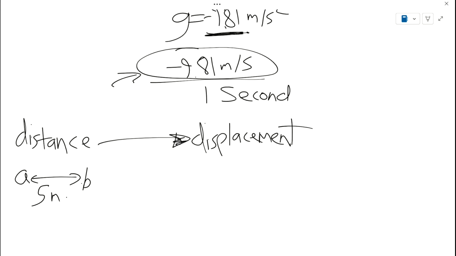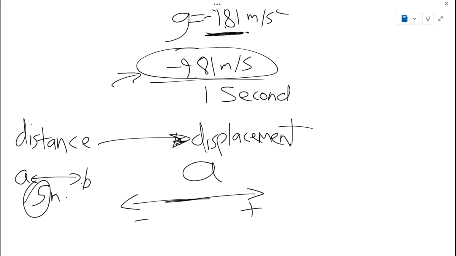So now we take our magnitude 5, and we have to use it. So we need a frame of reference. So say we use A as our frame of reference, right? This means that all of our movement is in terms of A. And of course we have to set an axis here. So let's say this way is negative and this way is positive.